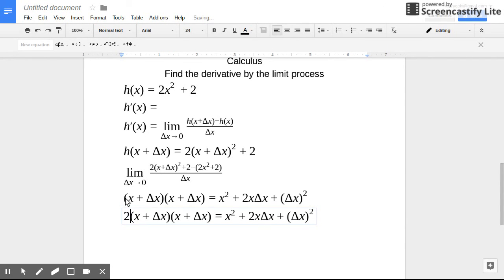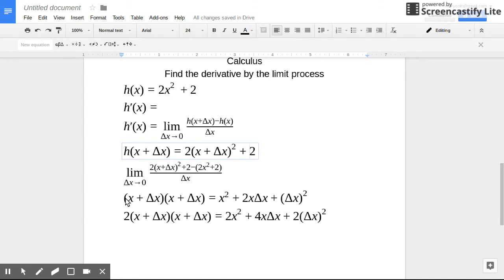Remember, there's a 2 out front, so that means we need to distribute this 2 across, and that's going to make that a 4, and we'll put a 2 there. Okay. Now, what else do we have going on here? Well, we still have this 2 right here, so we've got to add 2 to it.